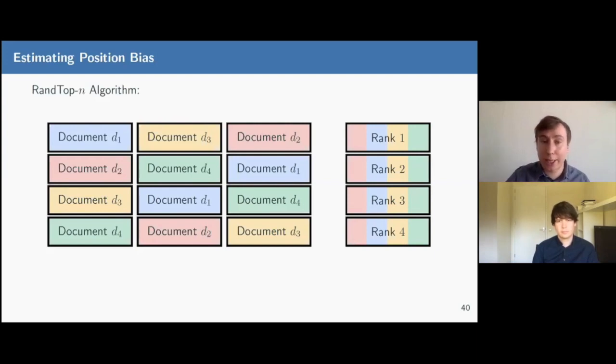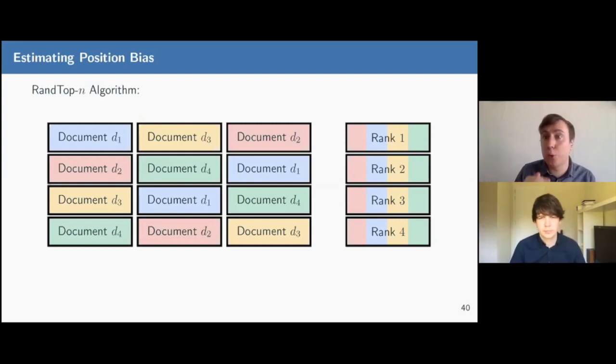So that means that when you collect a large amount of clicks, the relevance of each individual document is no longer a factor in determining whether users click on a particular rank. The fact that a user would click on rank 1 versus rank 2 is no longer affected by maybe there being a more relevant document at rank 1, because the same documents were shown at each rank.